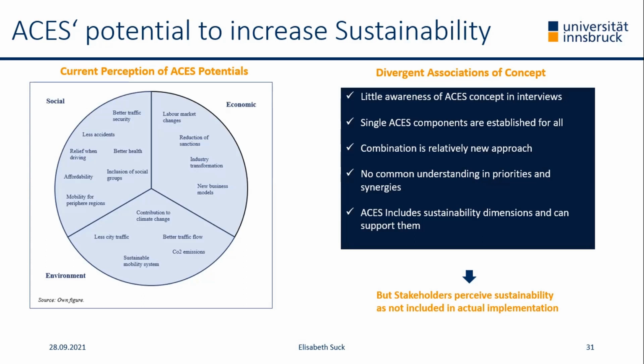So for me, this showed that the combination towards ACES is still a relatively new approach. And also there was no common understanding in priorities and synergy. This means when talking about the potentials or the barriers of ACES, it was often separated. Stakeholders described this for automation only or for electric vehicles only, but they did not strongly combine these components and look at the whole picture, so to say.